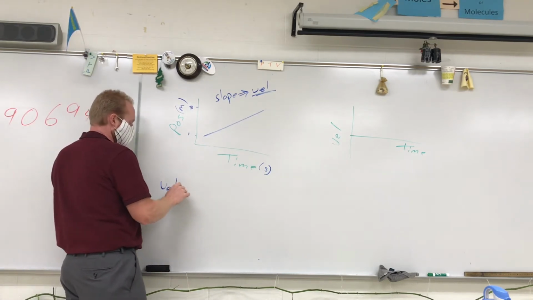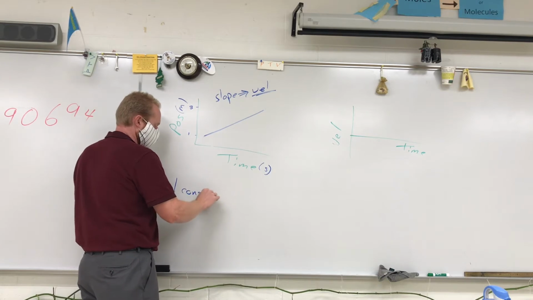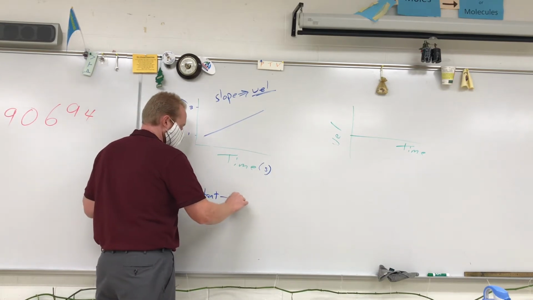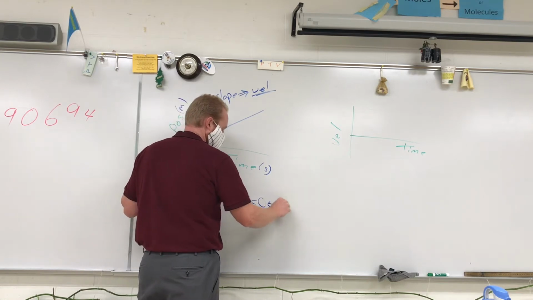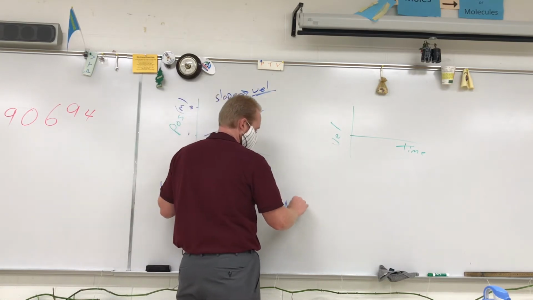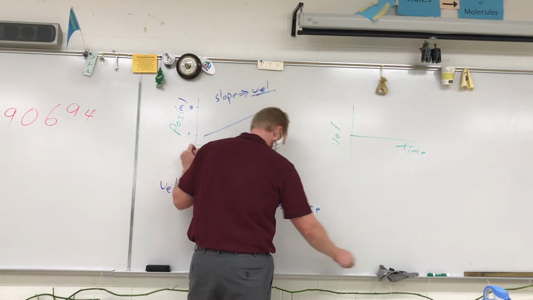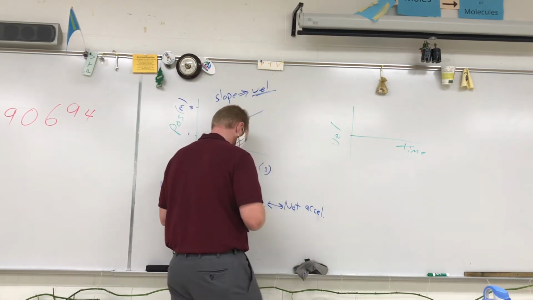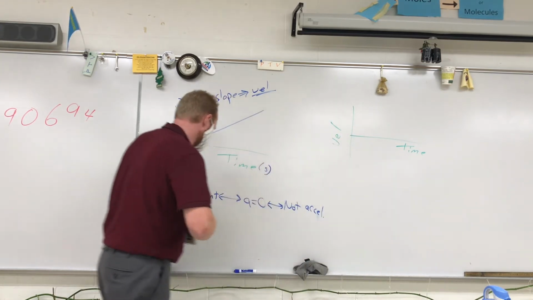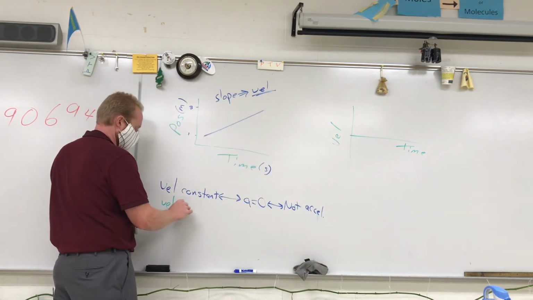And if we have a velocity that is constant, that tells us our acceleration is 0, which means my object is not accelerating. The inverse of that would be true if my velocity is changing.